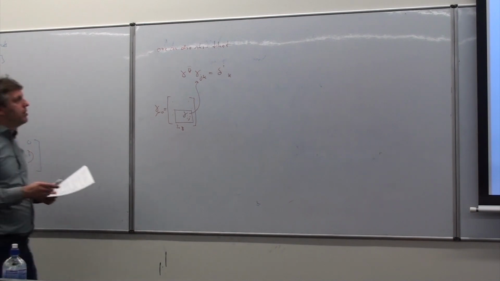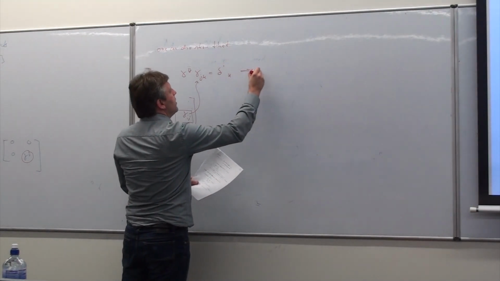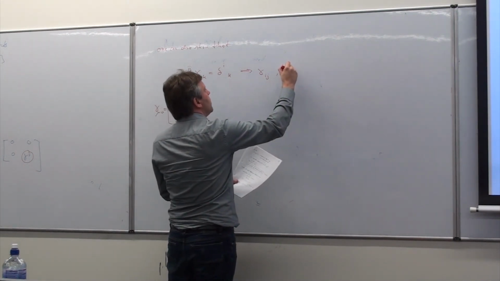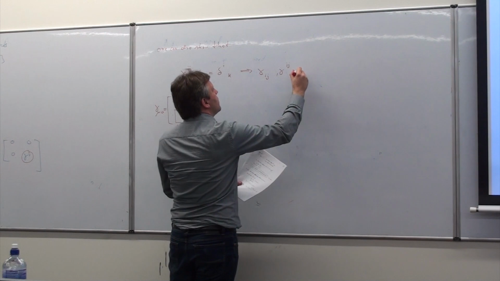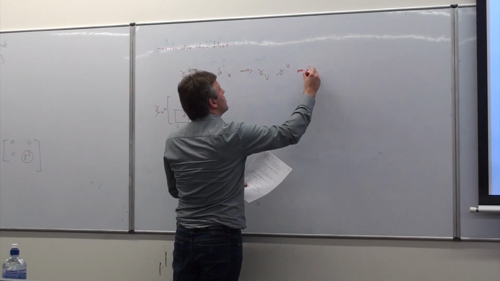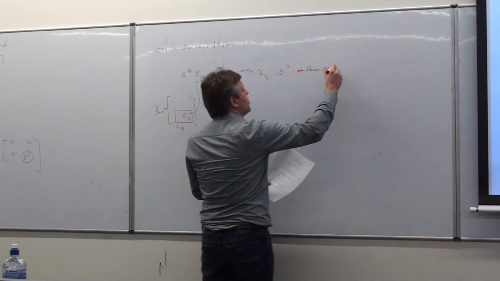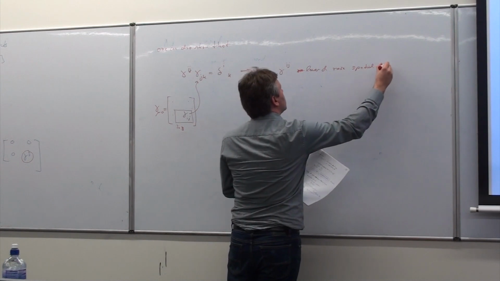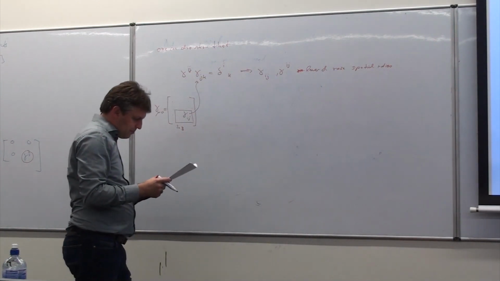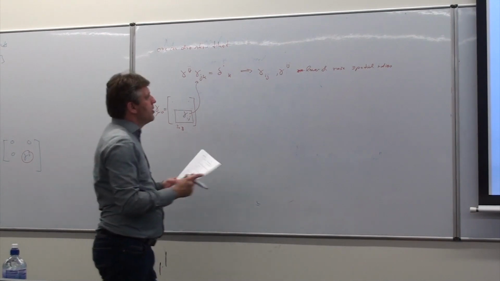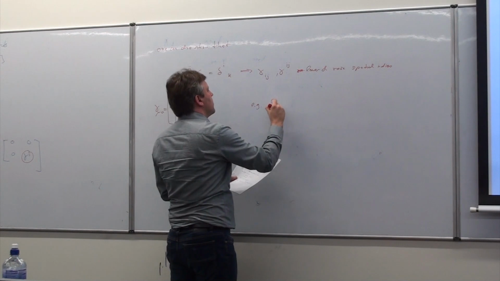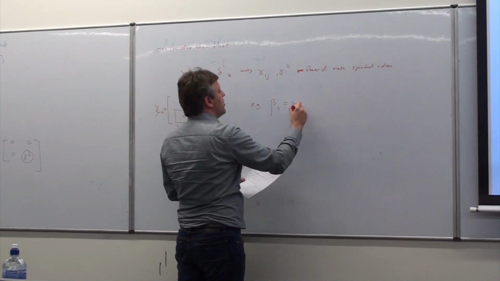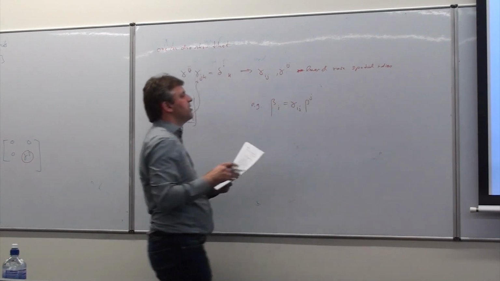And this can now be used to show that gamma ij and gamma ij, upper and lower indices, lower and raise spatial indices. So for instance, this gives now that beta with the lower index I is gamma ij beta with the upper index j.